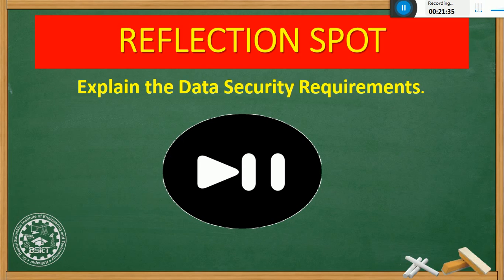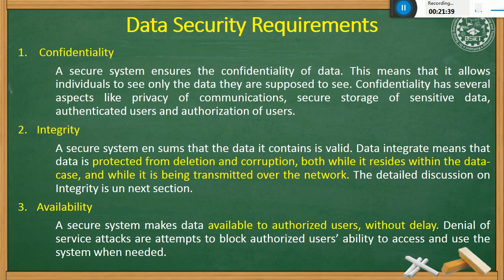After writing your answer, play this video again. Database security is a process to maintain the confidentiality and privacy of the data from unauthorized users. Basically, there are 3 requirements of database security: confidentiality, integrity, and availability.